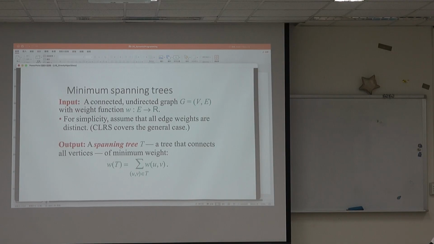That will be the weight of your tree. We want to find the spanning tree with the minimum weight.